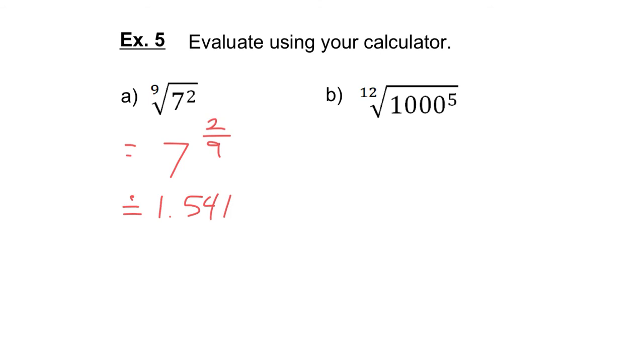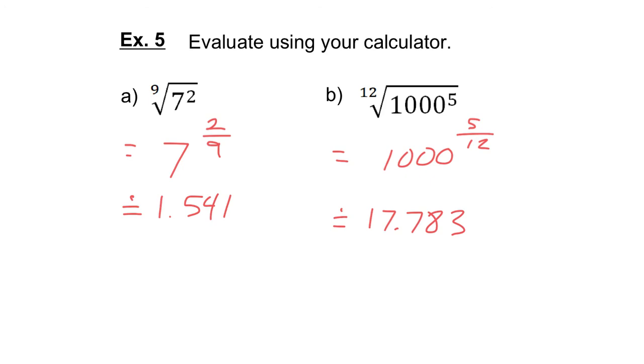The next one, 1,000 to the exponent 5 over 12. I can type that into my calculator. So I type 1,000, press the exponent button, in brackets 5 divided by 12, and it's going to be approximately 17.783.